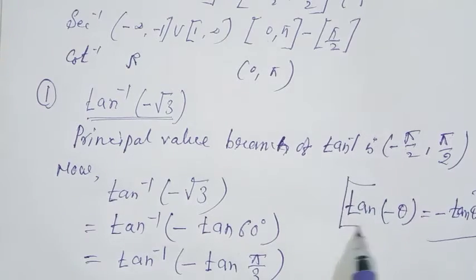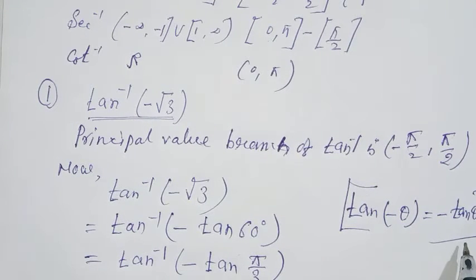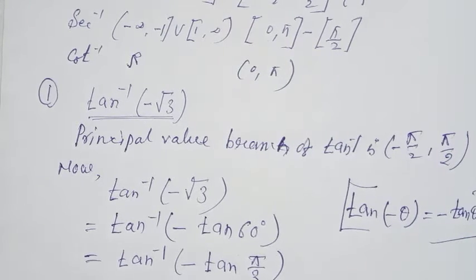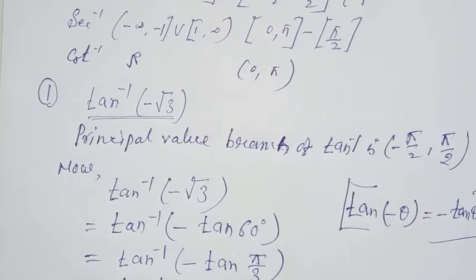You can write like that. So now we'll change it to the form tan inverse tan of minus pi by 3.